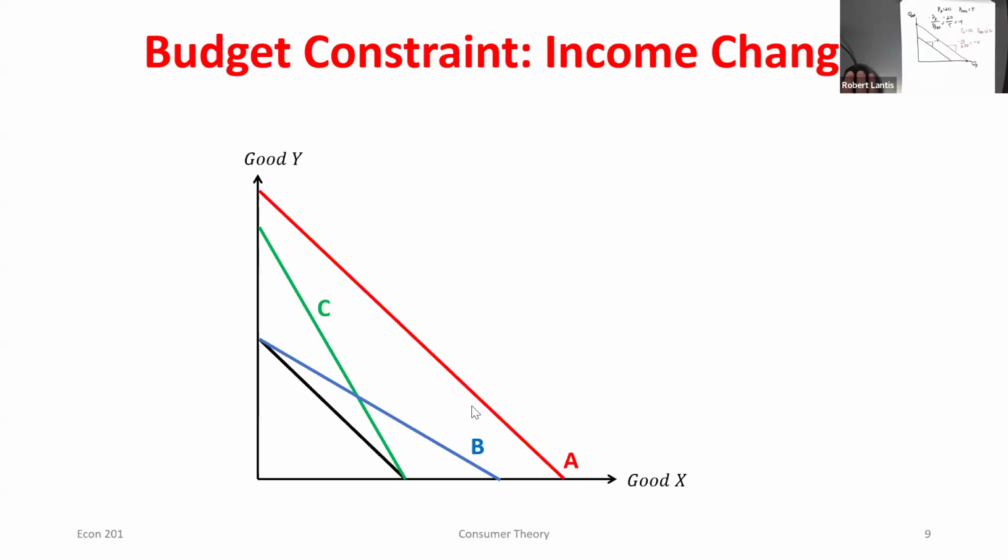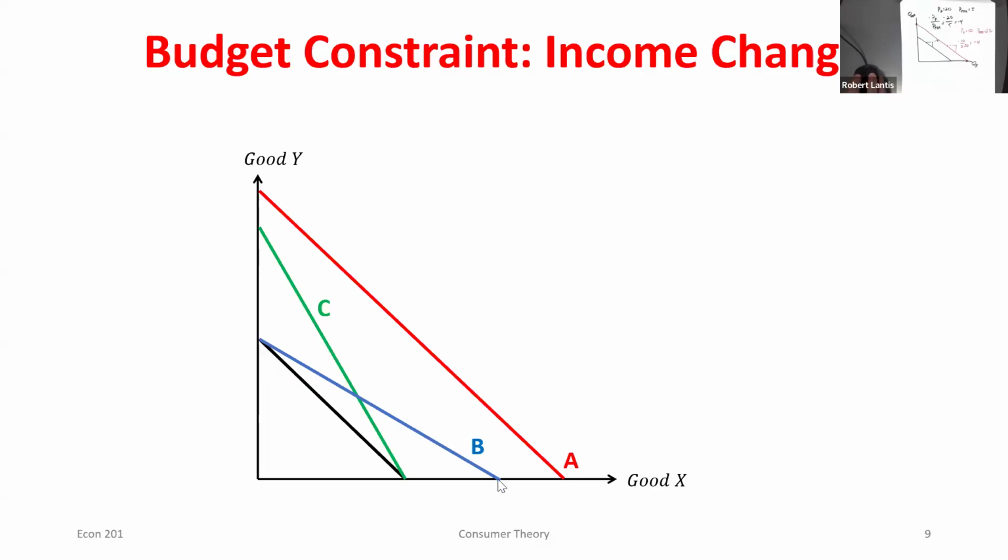Okay, so A here would represent one of two things. Either I've got more income, or essentially what is it like having more income? If I have the same $100 in my pocket but the price of everything falls, it's almost like I had an increase in income. So an increase in income or a decrease in the price of both goods would push me up to A. B would represent the same income, and the price of Y stayed the same because I can afford the same amount.